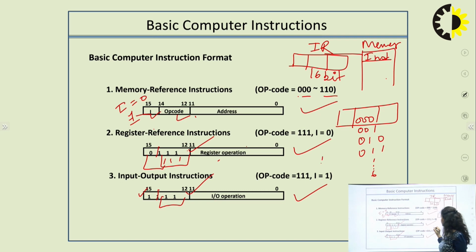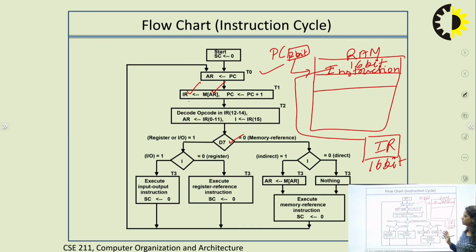So D7 means the binary code of number 7. That will be a decision making process, a binary code which defines the difference between three types of instructions. So in this flow chart, we are taking D7 for making a decision among the three types of instruction.